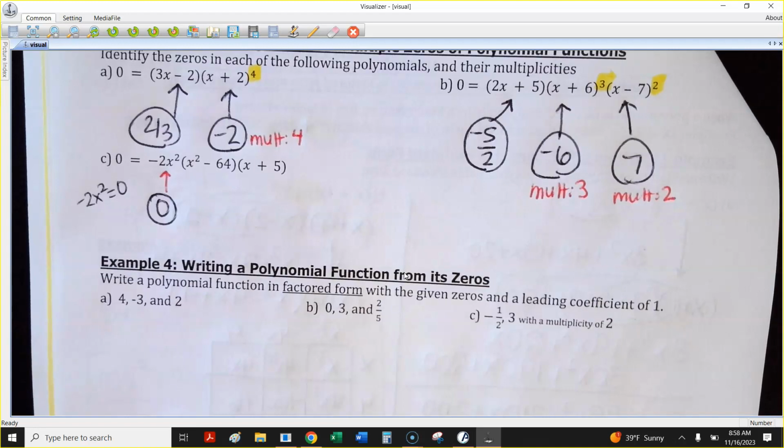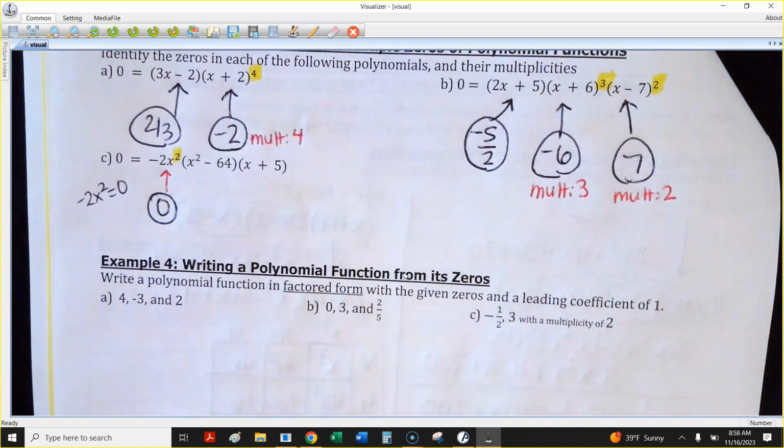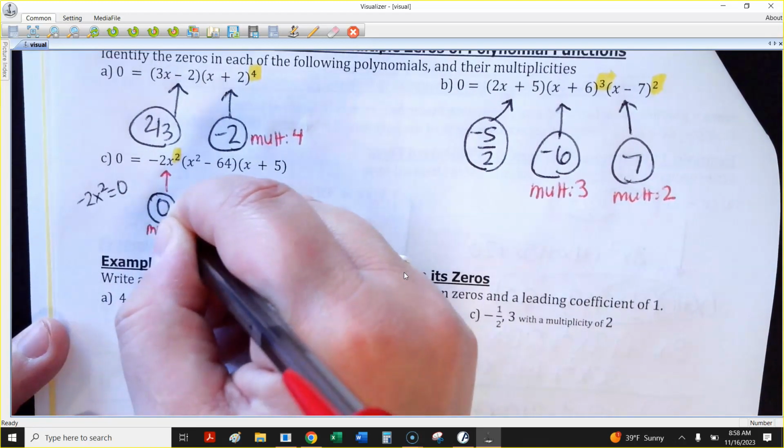Now, this is tricky. This is not in parentheses, but the x is squared, so that does have a multiplicity. And that's the only time you're going to see it not outside the parentheses, is if you just have an x and it has an exponent. It can't have a number in front of it like it does here, but this would count twice. So that has a multiplicity of 2.